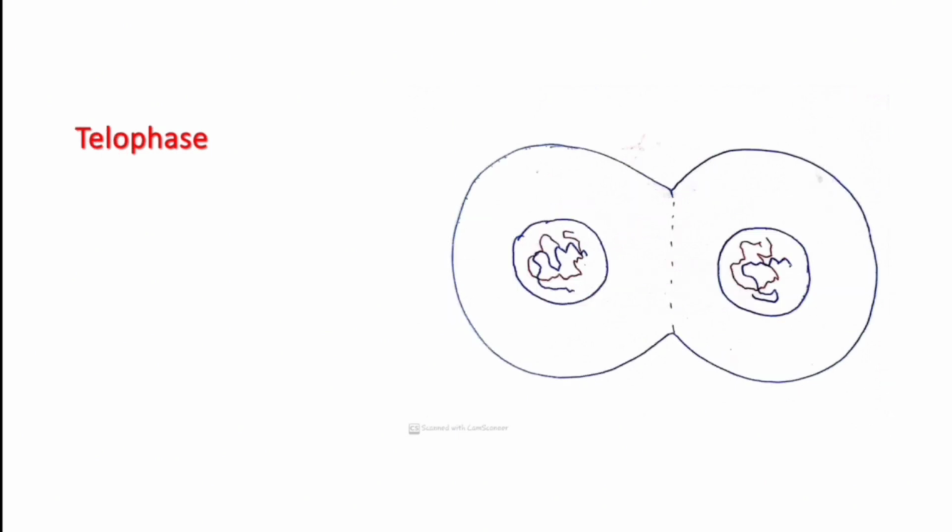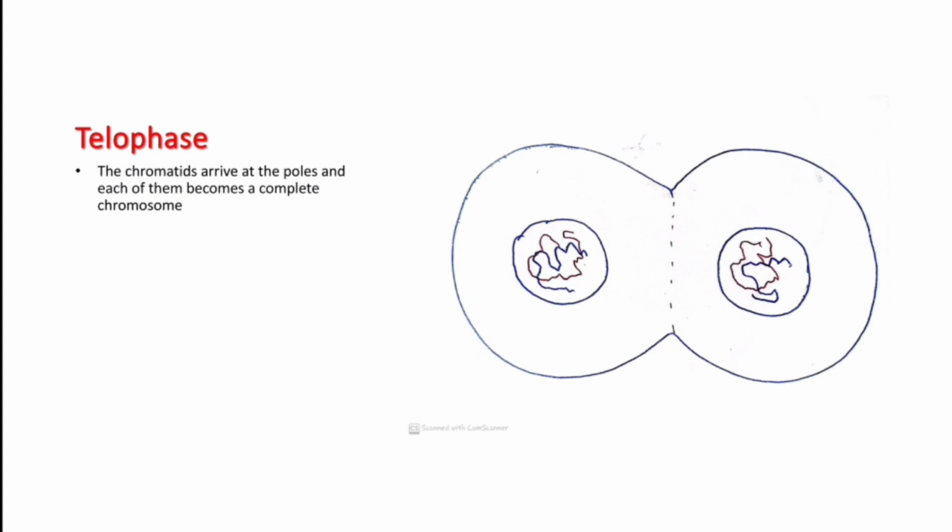Finally, telophase. Now, during telophase, a number of things happen. The first being the chromatids arrive at the poles and each of them becomes a complete chromosome. So remember the chromosomes that were separated, they are going to arrive at the opposite poles of the cell and they will each become a full chromosome.